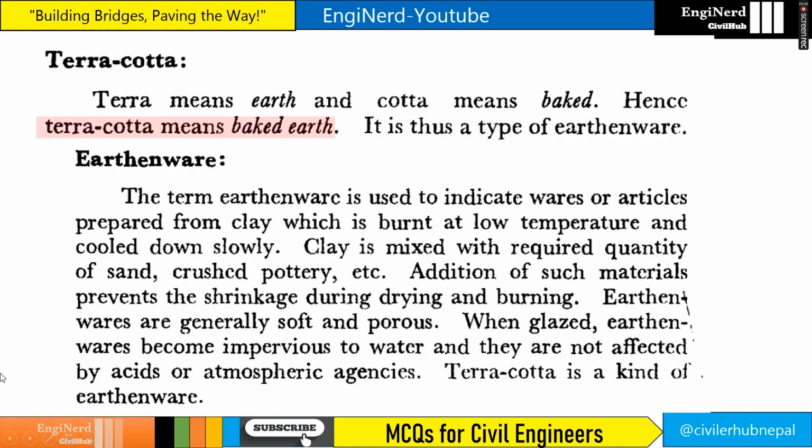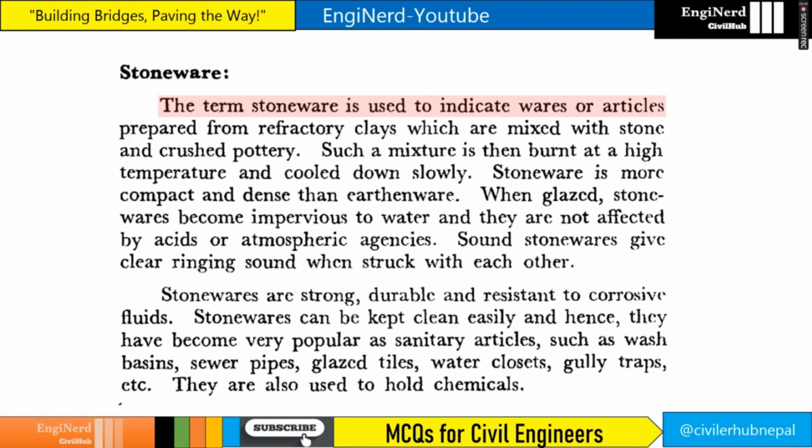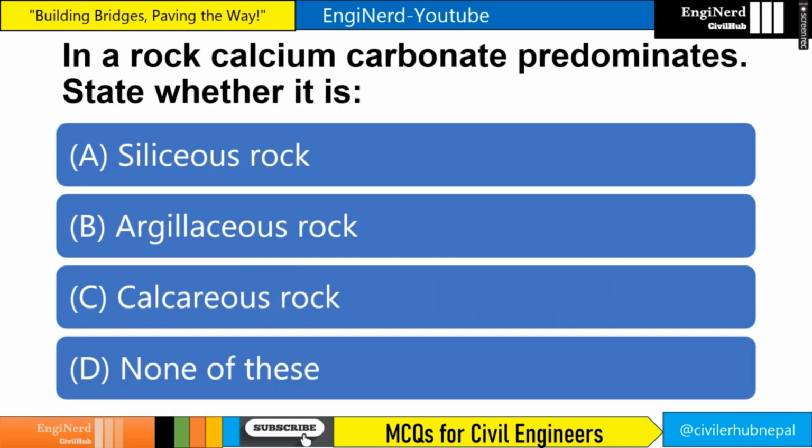All of the above. So terracotta means baked earth, and earthenware is used to indicate wares prepared from clay which is burnt at low temperature and cooled down slowly. And stoneware is used to indicate wares prepared from refractory clays which are mixed with stone and crushed pottery. So the answer is all of the above.